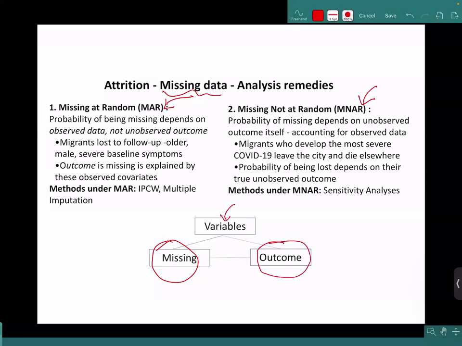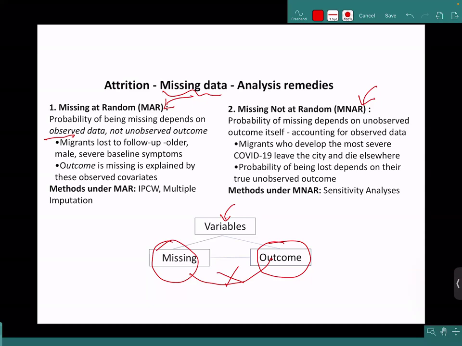Now, missing at random means the probability of being missing depends upon these other variables which are there. But this probability of missing is not associated with the outcome. So your review of literature and your sense of your study variables should give you confidence that whatever missing individuals are there, the missing status is not associated with the outcome.